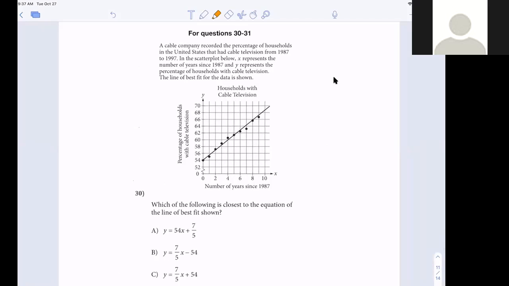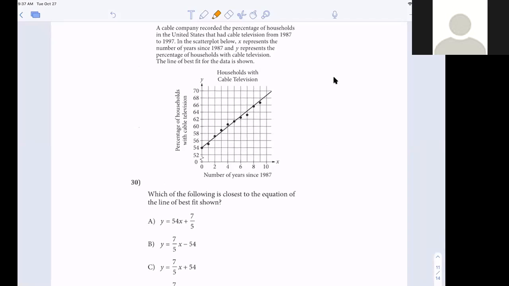Now, this one, guys. We want to find the line of best fit. Do you agree? Right? So we can do the calculator. Now, somebody tell me what the y-intercept is.